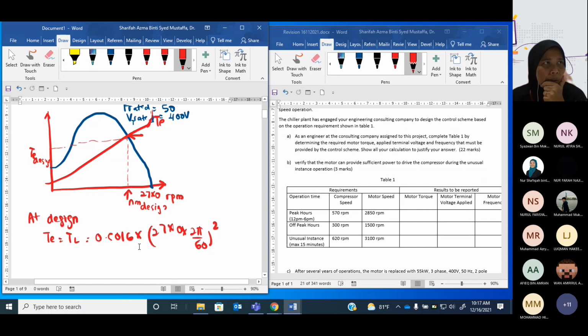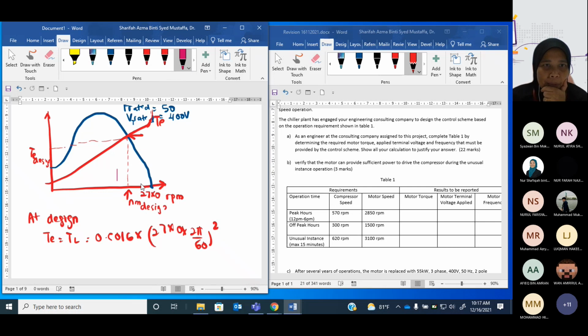The design speed is 27x0. This one is 2850. Is it higher or lower? Higher.